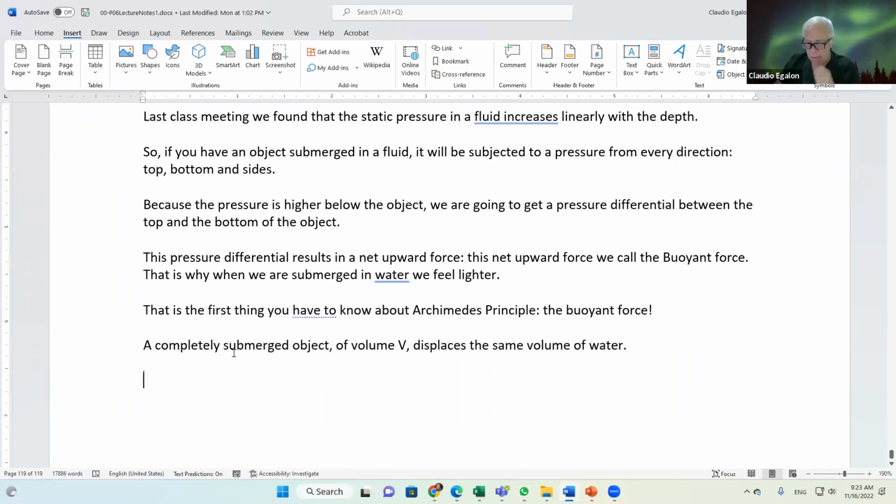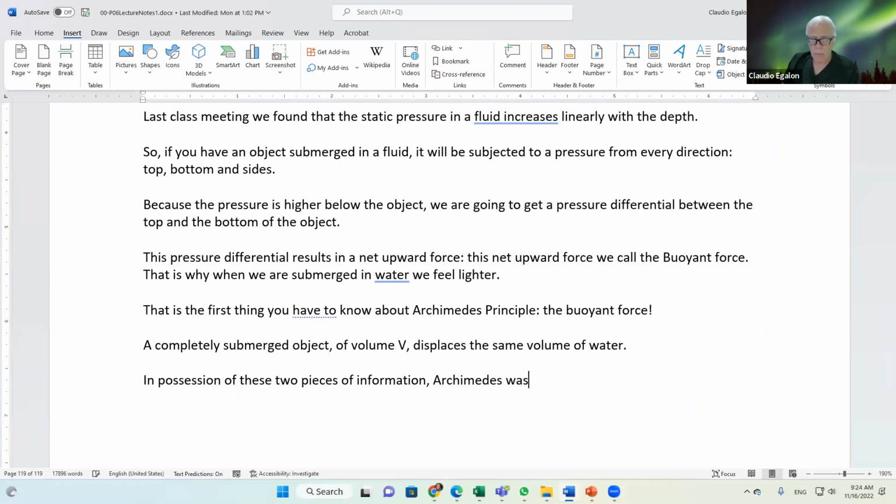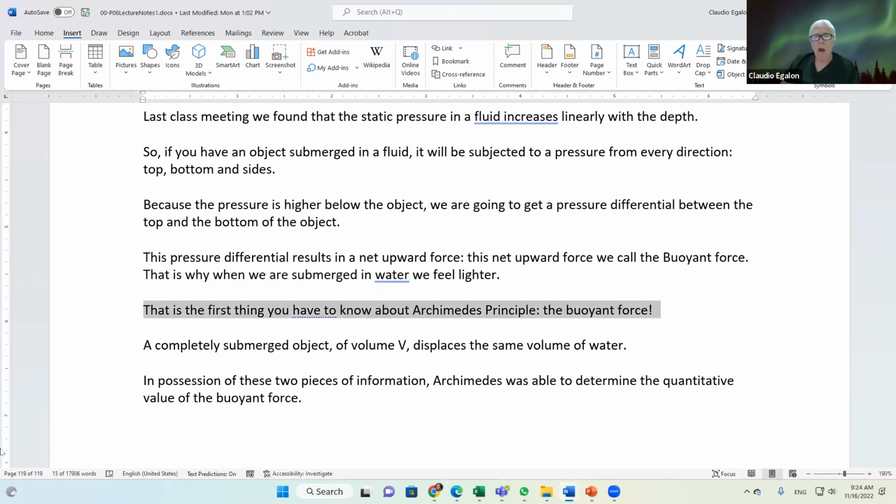Archimedes, in possession of these two pieces of information, was able to determine the quantitative value of the buoyant force. At this moment, all we know is that there is a buoyant force, but we do not know its value.